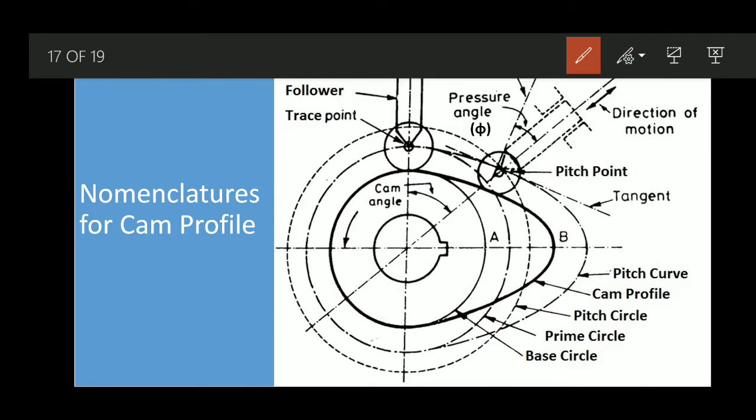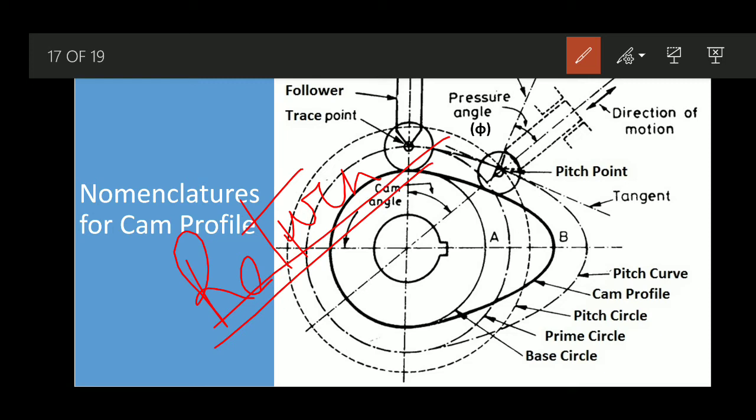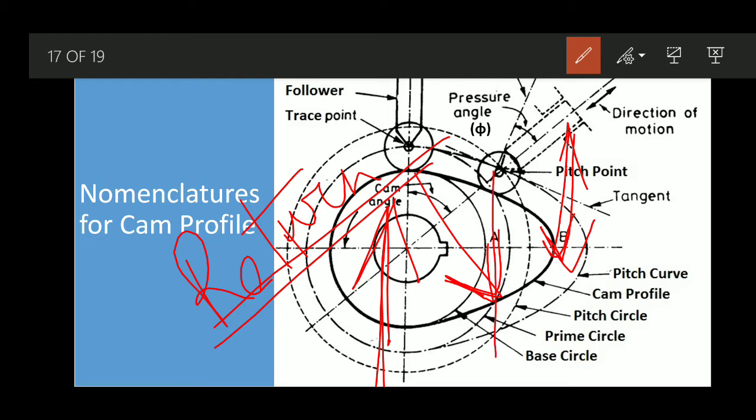Similarly, we have the return stroke. What happens in the return stroke is that the follower falls from the uppermost position to the lowermost position. It comes down. That means in the rise stroke or out stroke it goes up, and in the return stroke, or in stroke, it comes down.